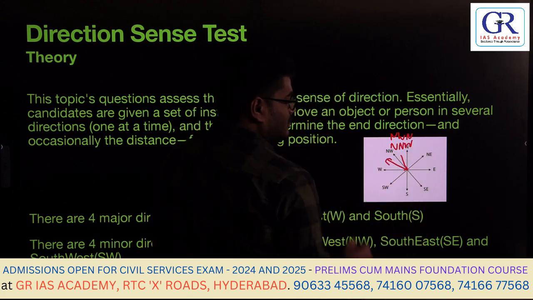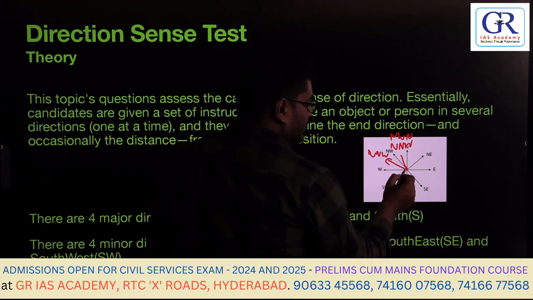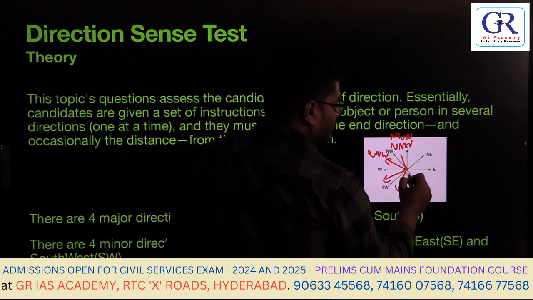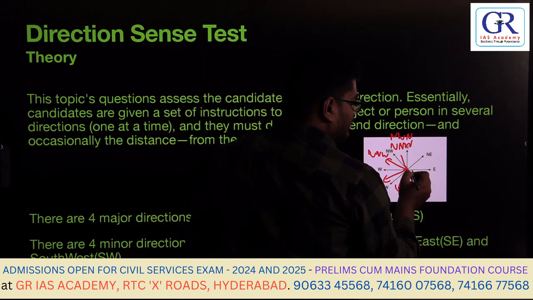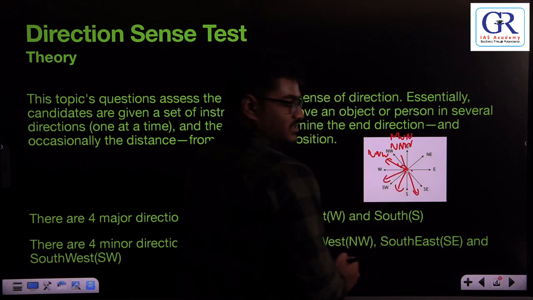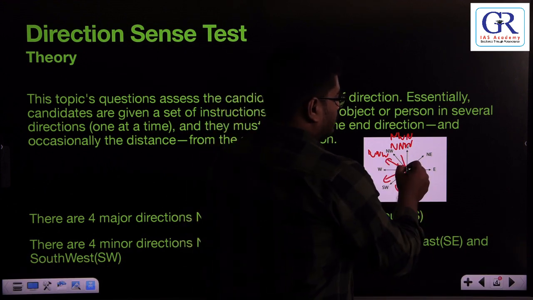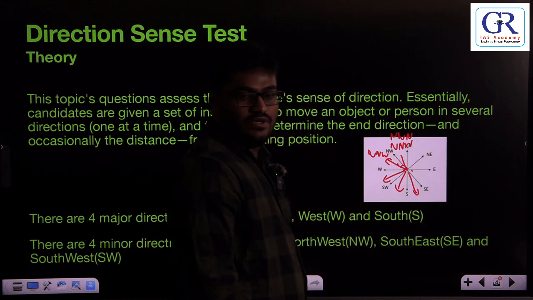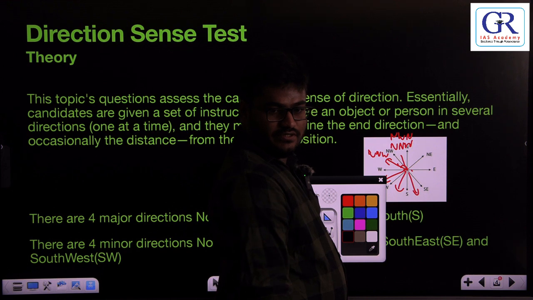This is also west-northwest. Similarly here and here. This type of question actually gives you angles. Northwest is at 45 degrees. Then what will be at 22 and a half degrees? What will you have? This, right?